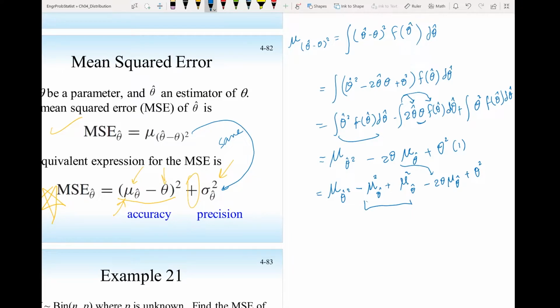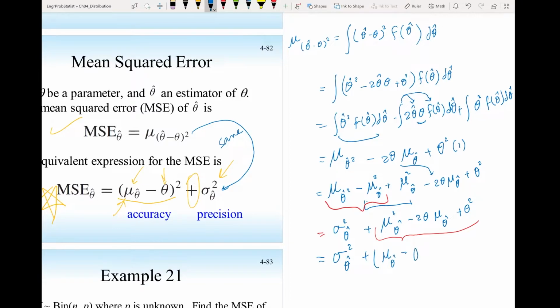Now this quantity here is just the variance of theta hat. And this will be plus mu square theta hat minus 2 theta plus theta square. And finally, this is theta hat. This one here, I can write it as mu theta hat minus theta square. And this is exactly the same as this.